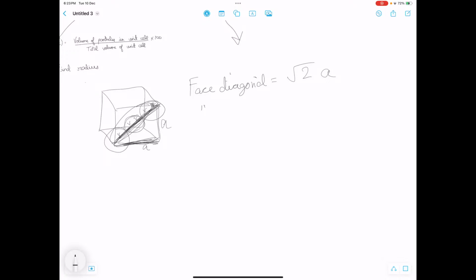We know that this is a and this becomes a right angle triangle as it's a cube. So if we consider this FD, the face diagonal squared, is equal to a square plus a square. So we write FD squared as 2a square. Now you have to put under root, so FD becomes root 2 a. This is Pythagoras. So this face diagonal is root 2 a.